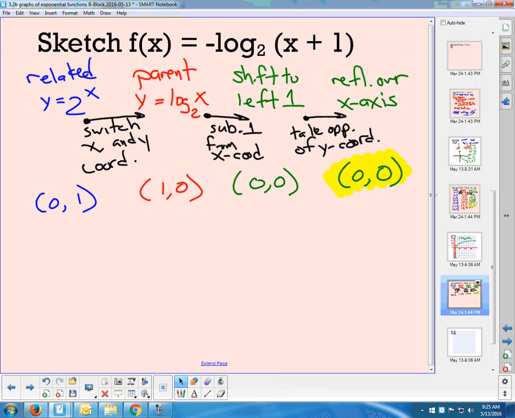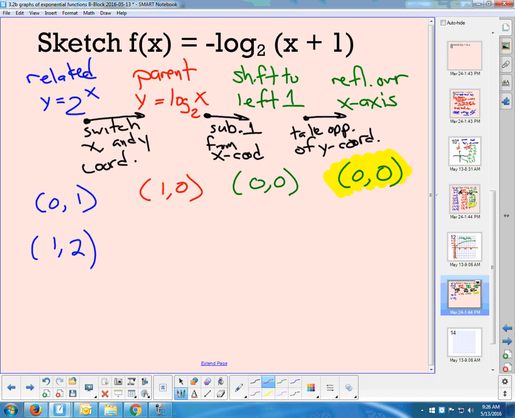And so we just continue this a few times. If we have the point 1, 2, because 2 to the first is 2, I could apply the transformations. If you want some practice, you're studying, you're getting ready for a test or a quiz or something like that, you might want to pause the video, try to work your way across horizontally to the other 3 points to see if you can do it, and come back and look at the solution.